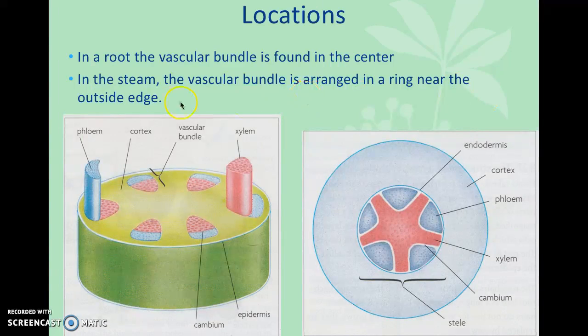So locations. In a root, the vascular bundle is in the center. So here's a root. This is called our vascular bundle, otherwise known as our vein. So in the root, you're going to have the cortex, the xylem, and then the phloem is going to be on the outside. You're going to be able to find the phloem a lot easier because it's going to be a lot more condensed.